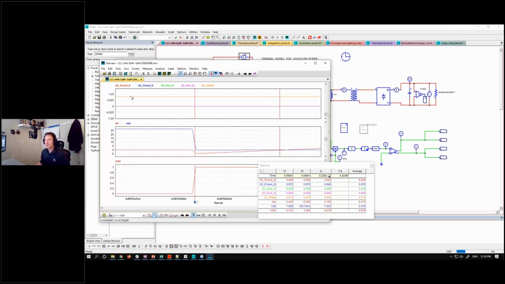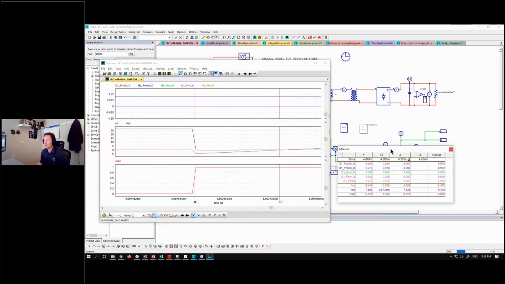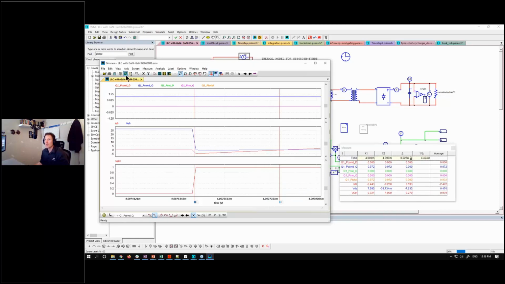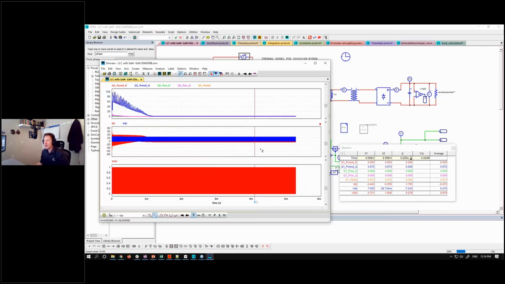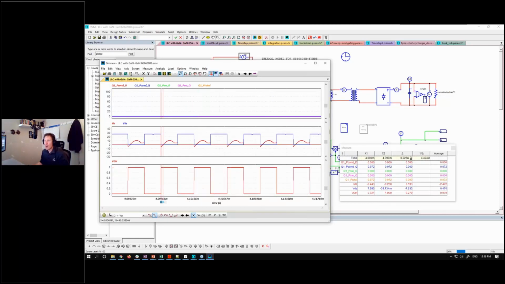When we turn the device on, we're only showing the conduction losses essentially on the switch. Obviously, this is switching without dead time. If we added in dead time, there might be a couple other things to look at. But we're getting a good simulation of this particular converter when it switches on or off.